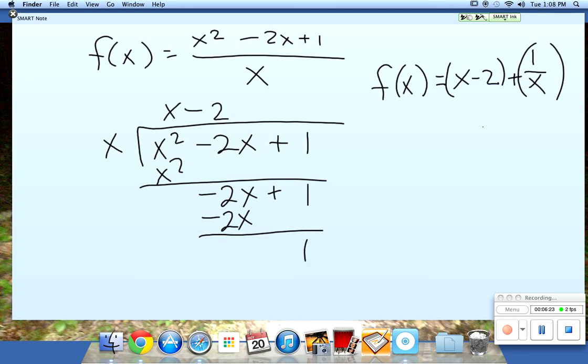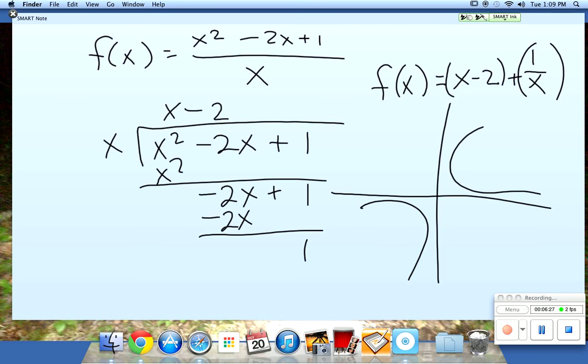This is going to give us our slopes like this. But this they're calling g of x. What's sitting out in front of it would be x minus 2. That would be your slope or your slanted asymptote.